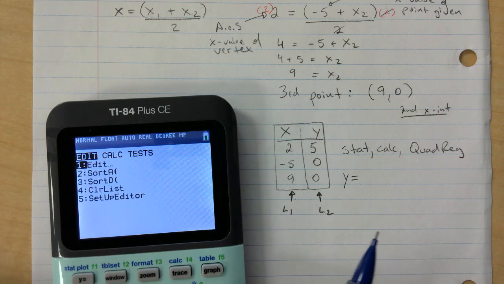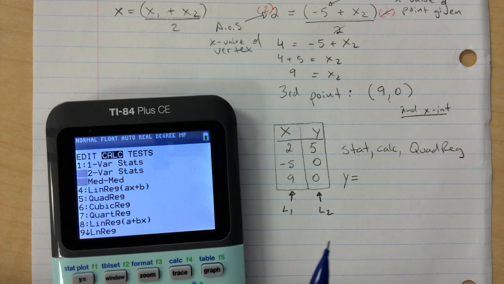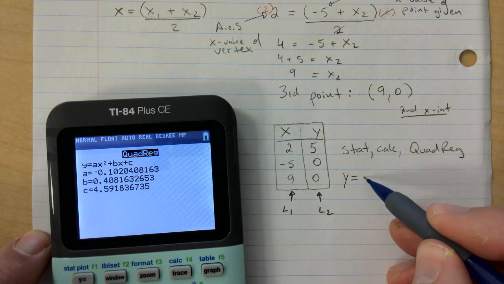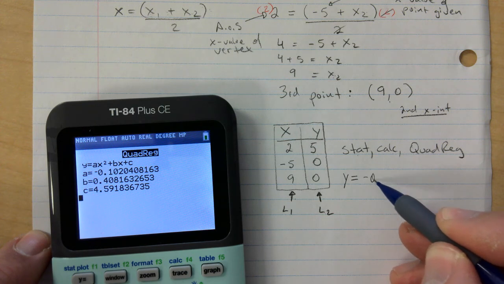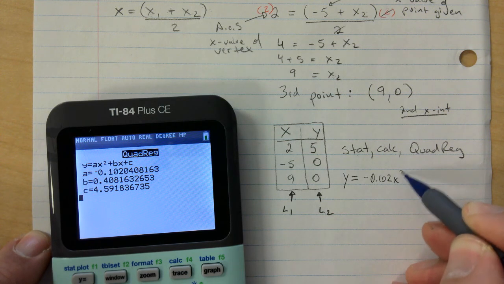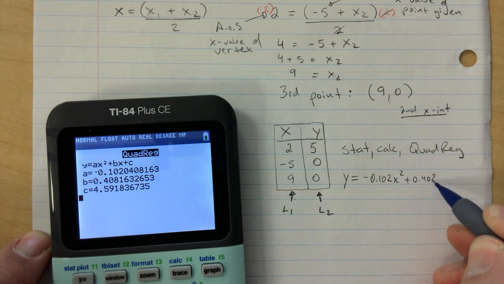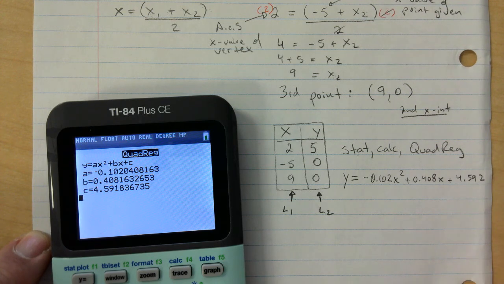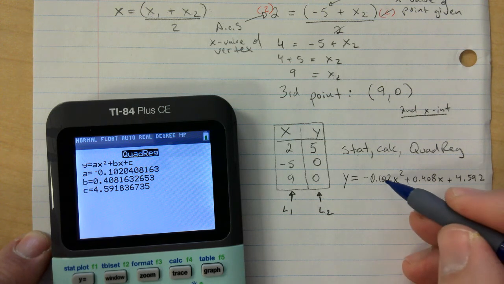Then you go stat, calc, quadratic regression, second 1, comma, second 2, comma, vars, y vars, enter, enter, enter. You get negative 0.102x squared plus 0.408x plus 4.592. That's if you round to 3 decimals.